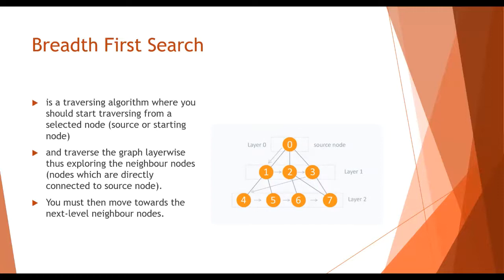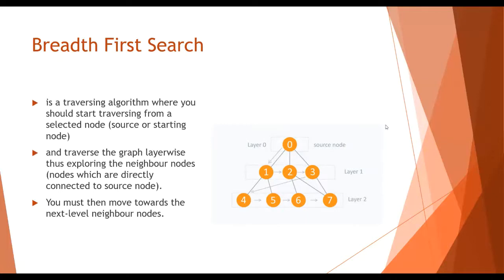We start with level 0, then proceed with level 1, level 2, level 3, and so forth, until we get the desired position or desired data that we are searching. So it's per level. We're using the depth of the tree.